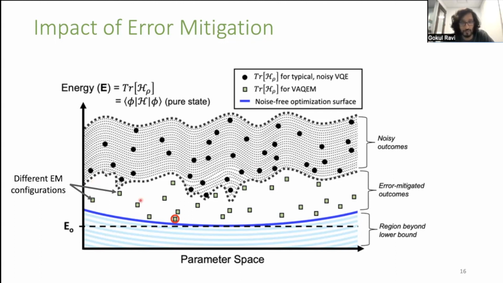I will get into a couple of them later, but you can see that even the same error mitigation technique, when applied in different configurations, can have different effectiveness. Ideally, you want to apply the technique which creates this green square at the bottom, circled in red, because that takes you closest to the blue line. But if you apply them suboptimally, you can get some of these other green squares, which might not give you much benefit over the noisy outcome. So it's imperative not only to have a great set of error mitigation techniques, but also to apply them in an optimal manner.